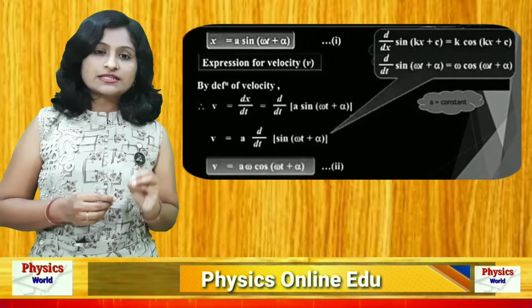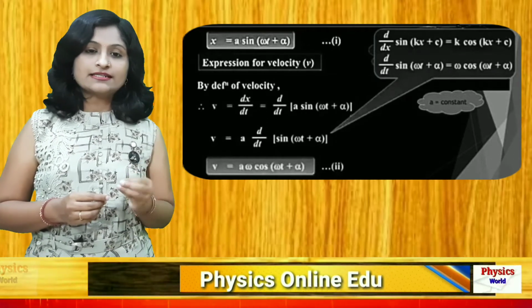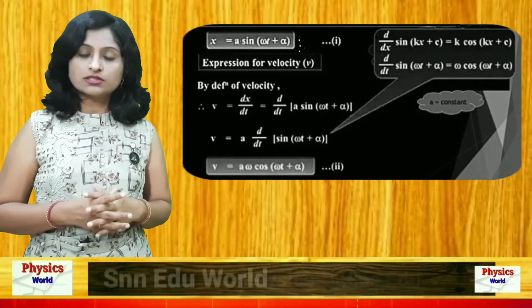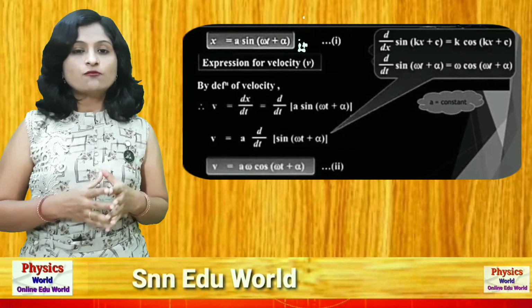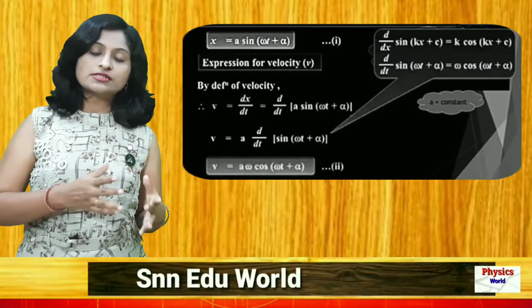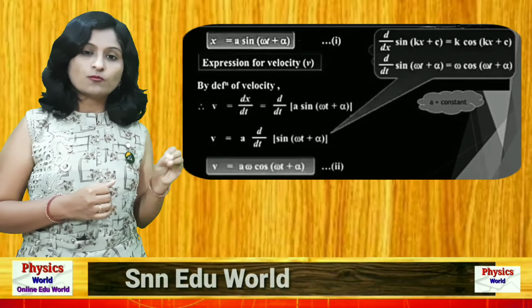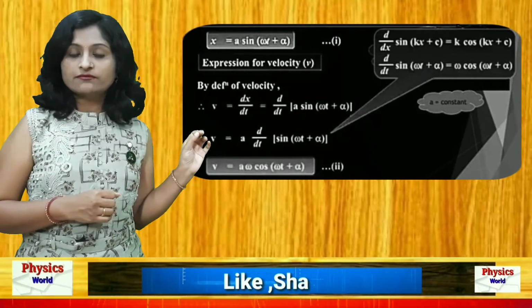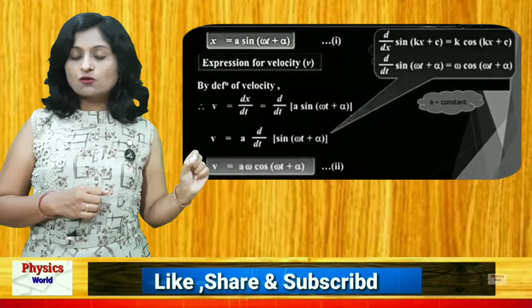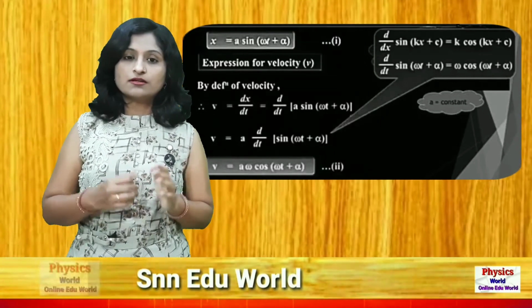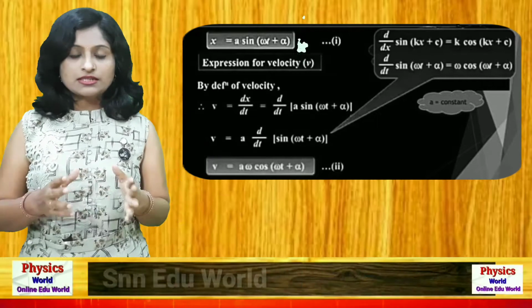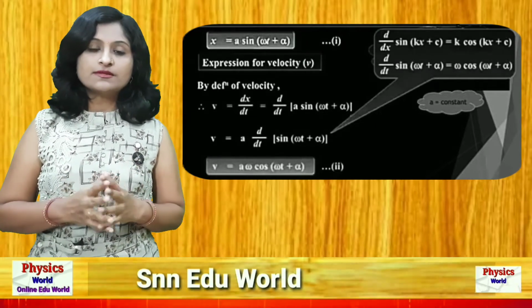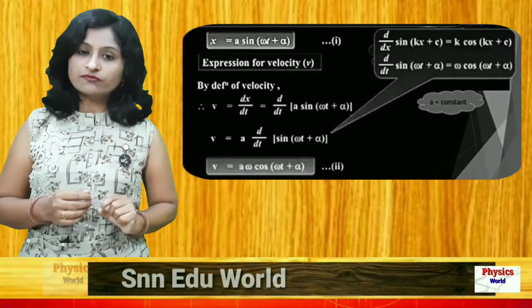The formula for the differential of sine is: sine theta becomes cos theta after differentiation. So the sine of (omega t plus alpha), after differentiation, becomes cos of (omega t plus alpha). So we are getting A cos of (omega t plus alpha), but theta, that means omega t plus alpha, is also a function of time t.